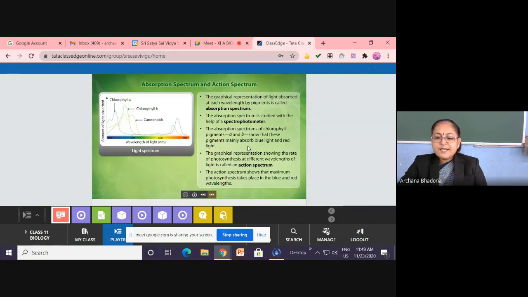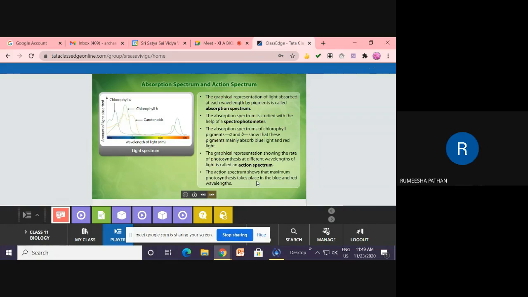The wavelength of light which is helping in photosynthesis, we call it the action spectrum. So the maximum photosynthesis will take place in which wavelength of light? Blue and red.